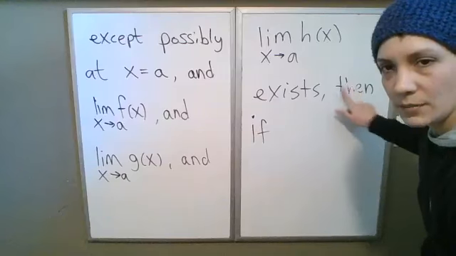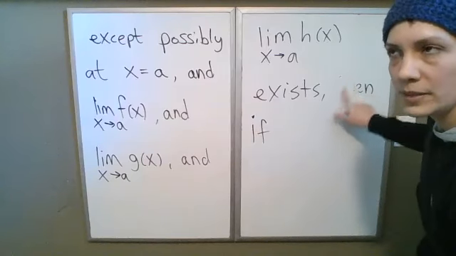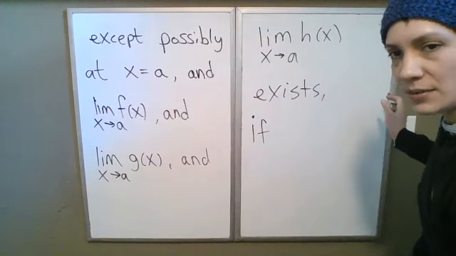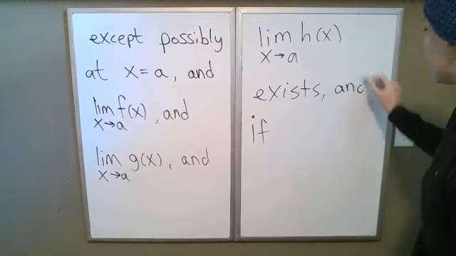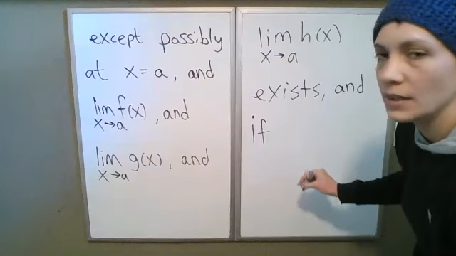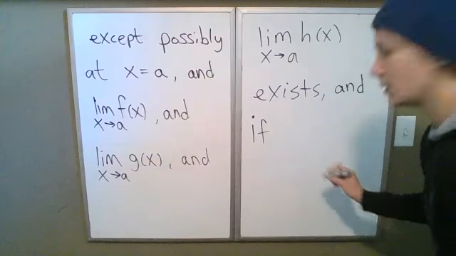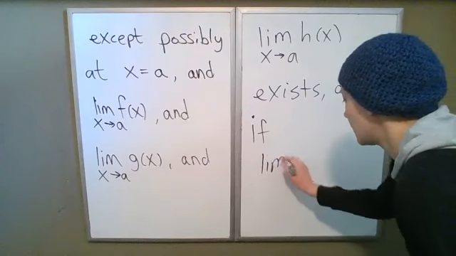I'm going to erase this then, just an if. All the limits exist. How about an if the limit of f of x is equal to the limit of h of x as x goes to a.